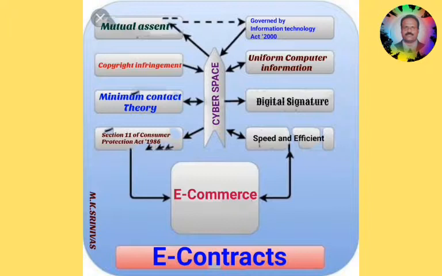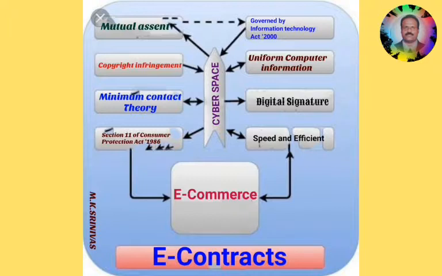Now, I'm bringing out a schematic diagram of e-contracts, wherein e-commerce is the platform and cyberspace is the space available for mutual assent. This law of e-contracts is governed by the Information Technology Act 2000, in addition to the Contract Act 1872.